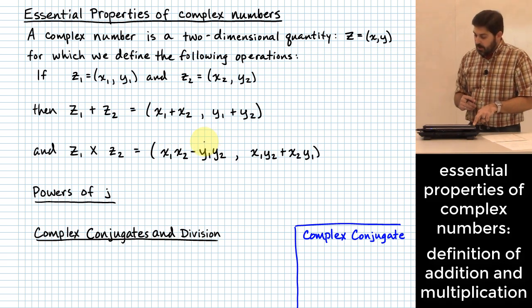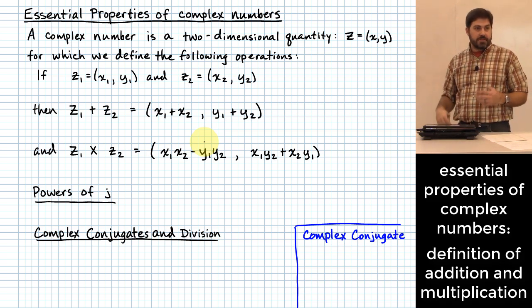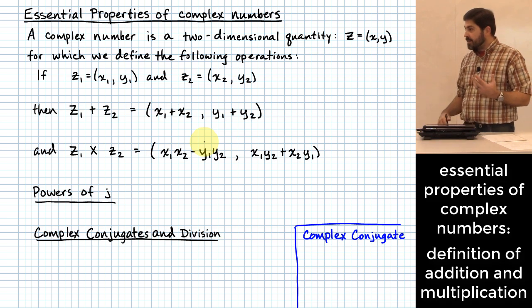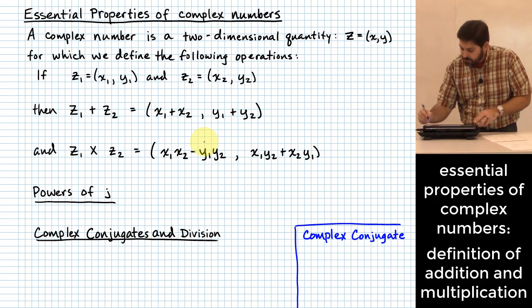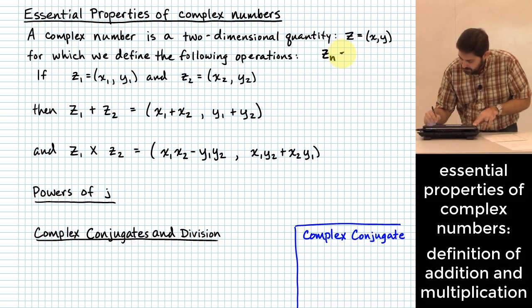So these are the essential rules that you have to have in order to have a complex number. All right, well, let's just check them real quick and see whether or not this kind of works for what we think it should, given the fact that we're saying a complex number, just any old complex number zn, we might define as xn plus j yn, right?